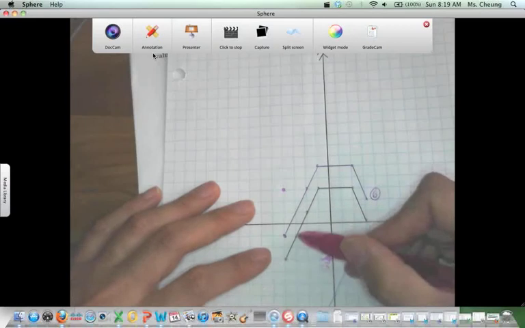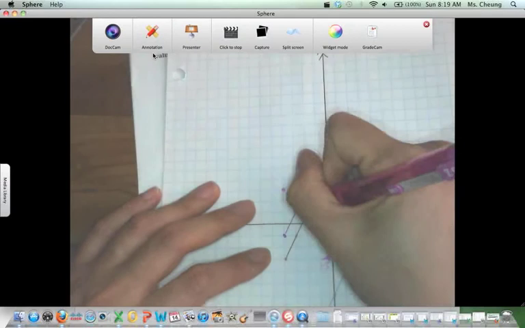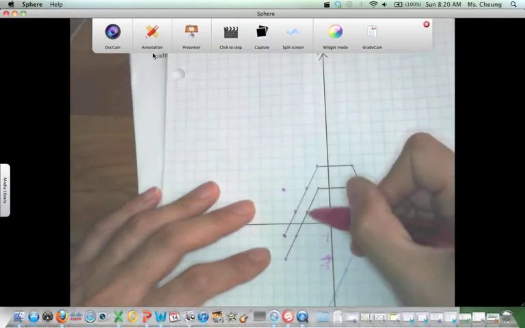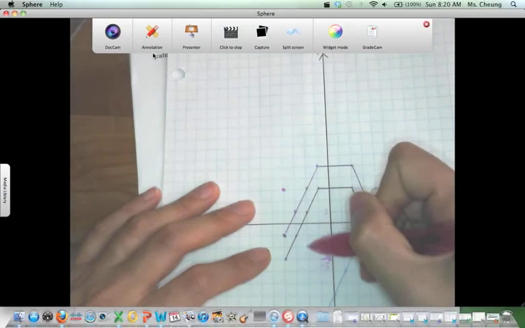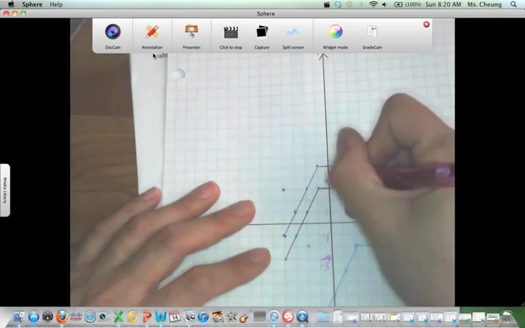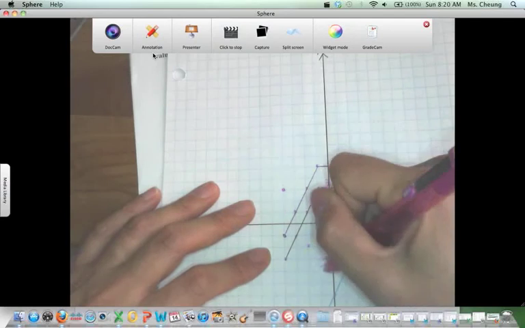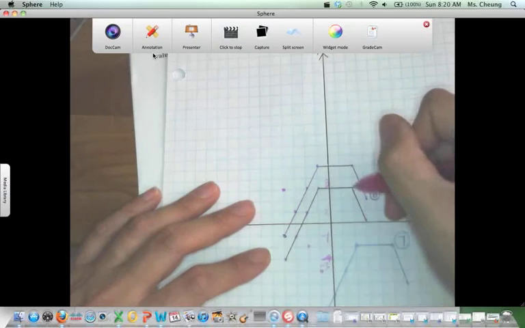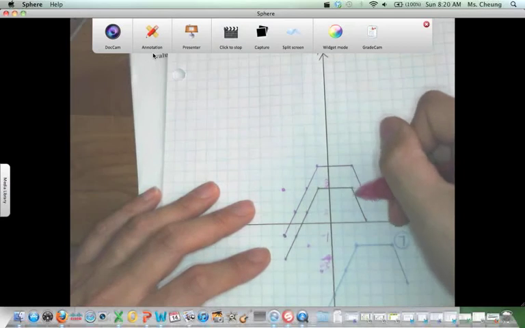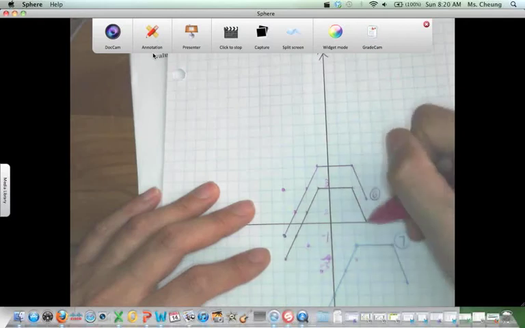The second point is negative 1. Negative 1 times negative 1 is positive 1. And then this one is positive 2, and 2 times negative 1 becomes negative 2. Then positive 3 times negative 1 is negative 3, so I'm going down. This point is 3 again, so times negative 1, you are at negative 3. And 0 times negative 1 is 0.